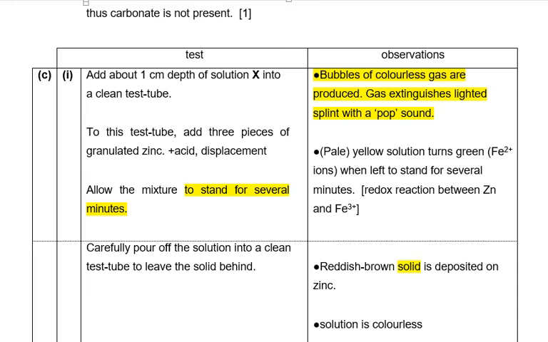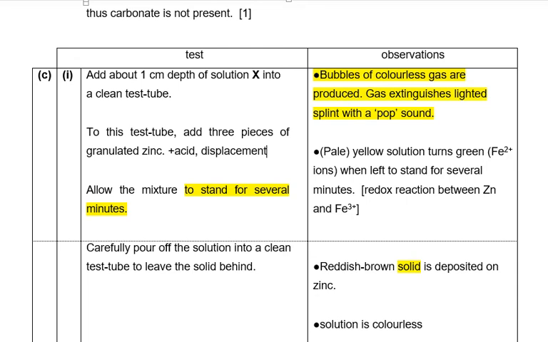They ask you to allow the mixture to stand for several minutes. This is actually a very big clue that maybe this is going to be a displacement reaction, because a displacement reaction takes time to complete. It is not like an acid reaction where once you add an acid to the metal, you'll be able to see the gas, which is hydrogen gas, being produced straight away.